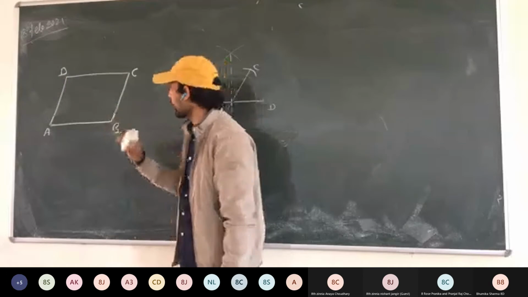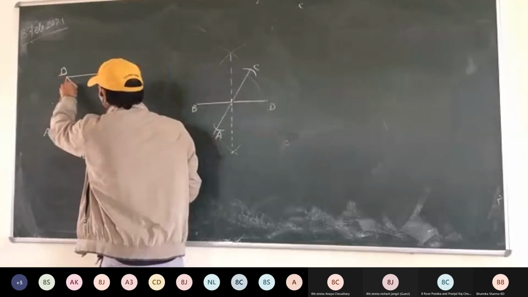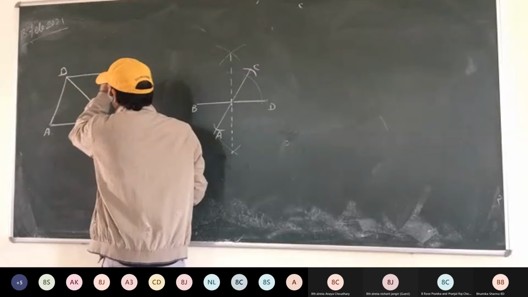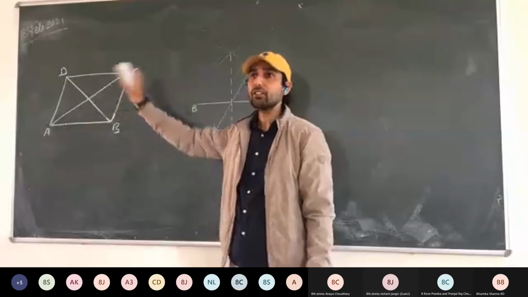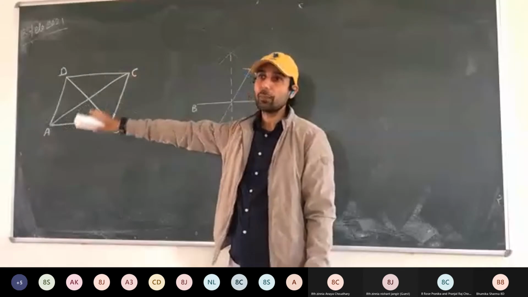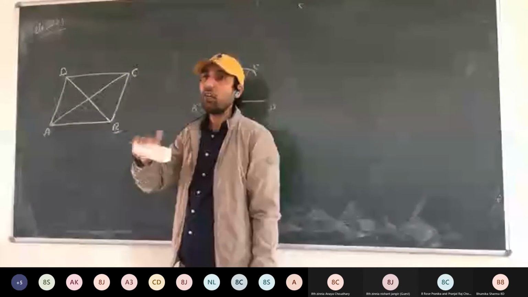The second property: the diagonals bisect each other. That is a property of a parallelogram. Rhombus is also a parallelogram. Rectangle is also a parallelogram. So diagonals bisect each other. What is the extra property in a rhombus? The diagonals meet at 90 degrees, cutting each other at 90 degrees.